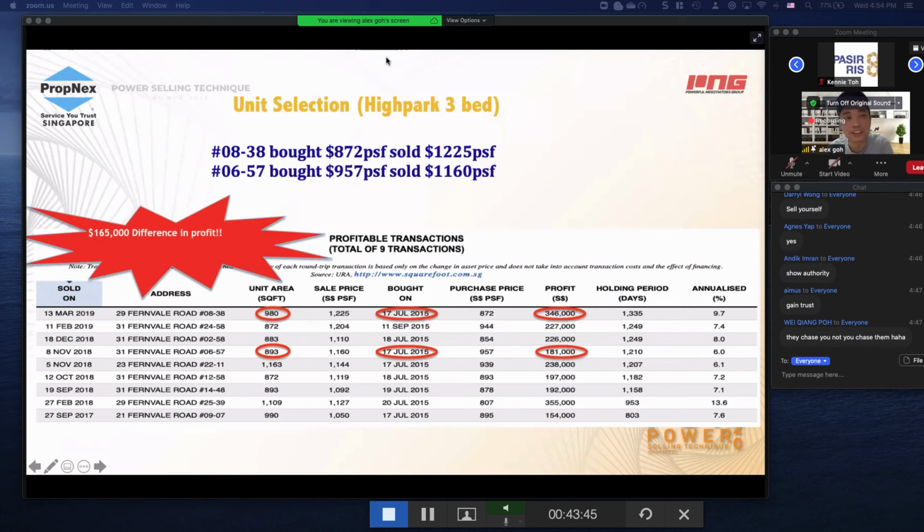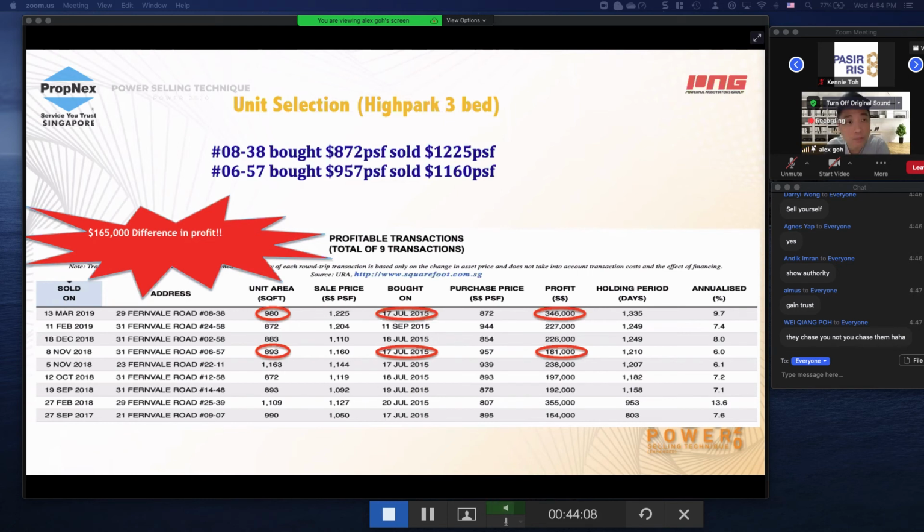Okay, so maybe I try again, the last part. Alex, today when you look into developments, we know that different developments in the same location behave differently. And right now, you know that even within the same development, units also behave differently.